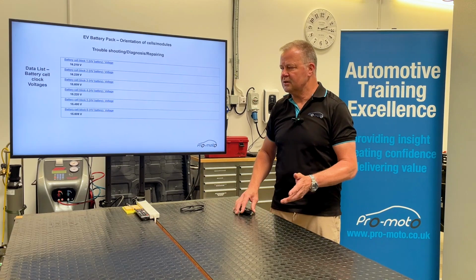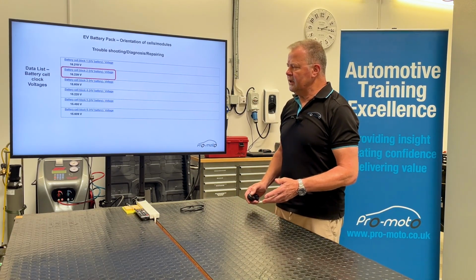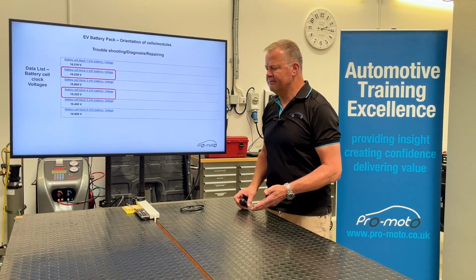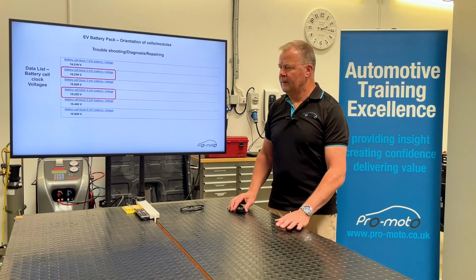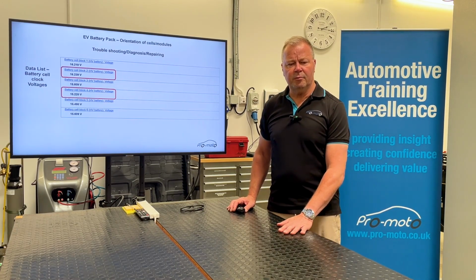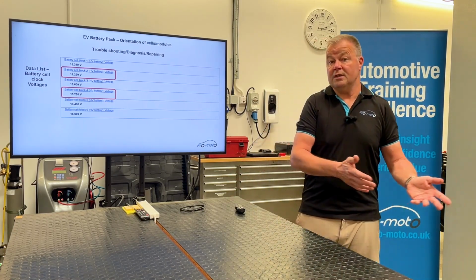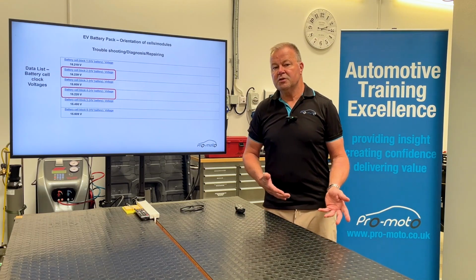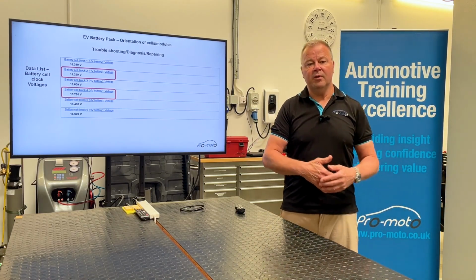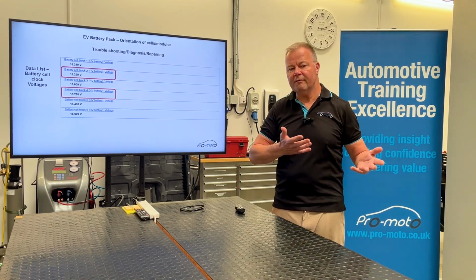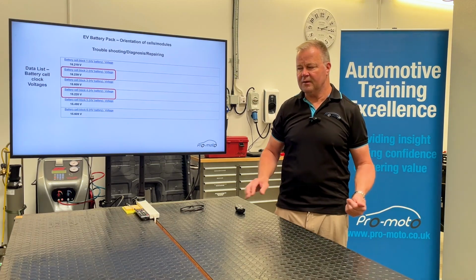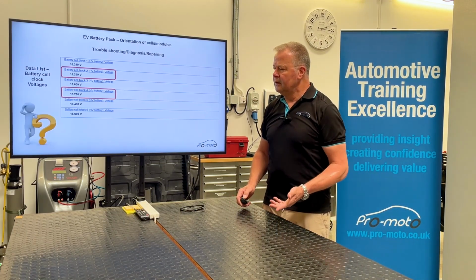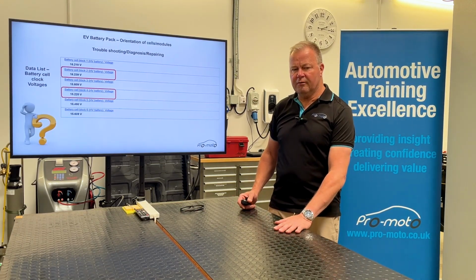But if you look now, it's telling us it's 2 and 4. So this is a bit of a curveball for us. So is it 1 and 3 or is it 2 and 4? Obviously we want to identify it before we start pulling the battery down. We want to make sure we're focusing on the right parts of the battery. Okay, so a bit of a question mark for us here.